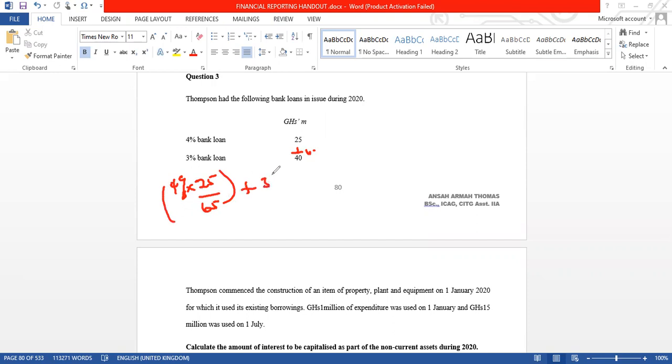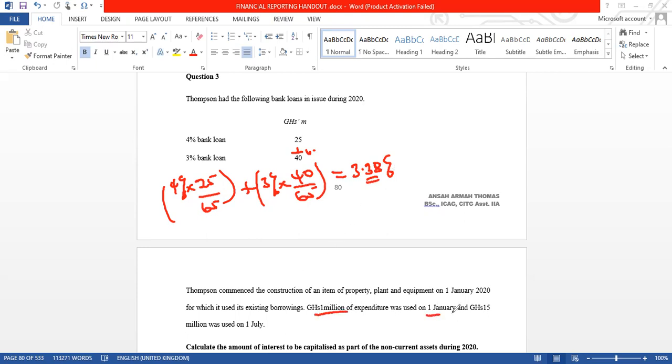And we now need to go through and do 3% over 40 and 65. Now, when we go through this, where we are going to land is that gives me 3.38%.